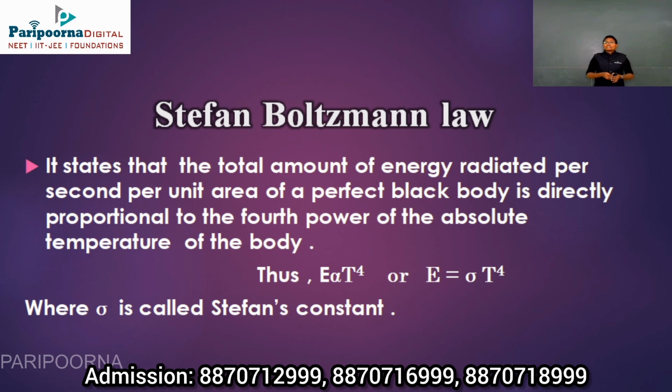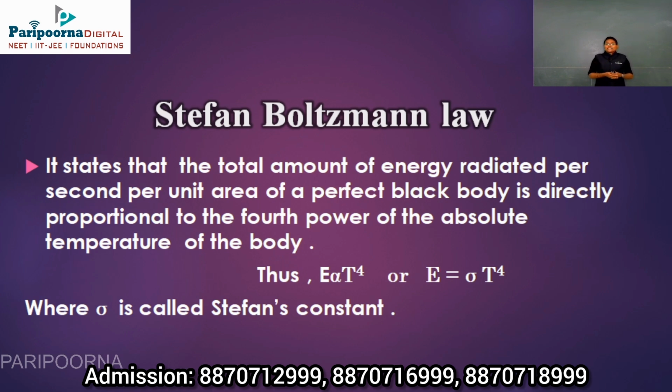This law states that the total amount of energy radiated per second per unit area of a perfect black body is directly proportional to the fourth power of the absolute temperature of the body. That is, we can represent it as E is proportional to T power 4. It is the fourth power of the absolute temperature.